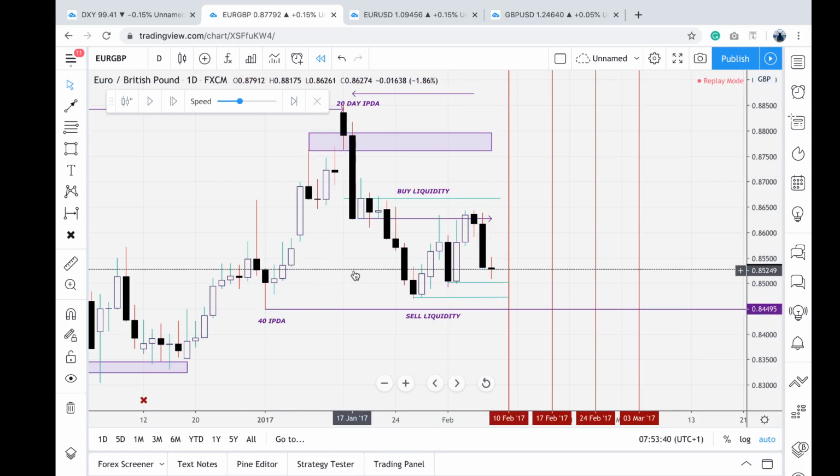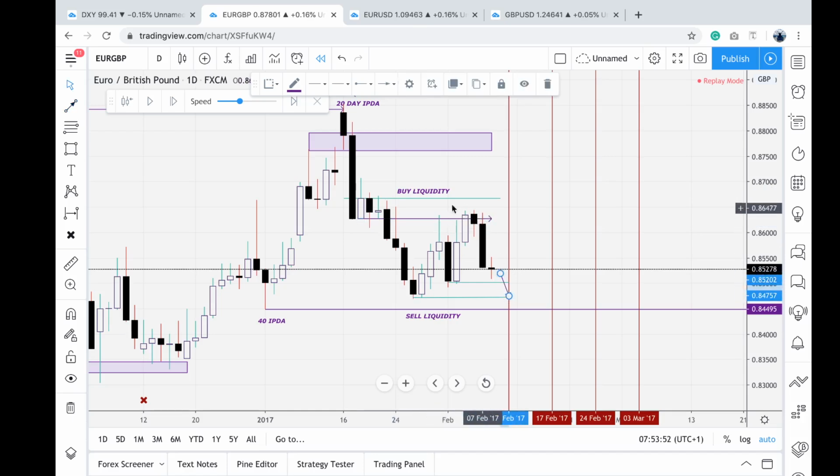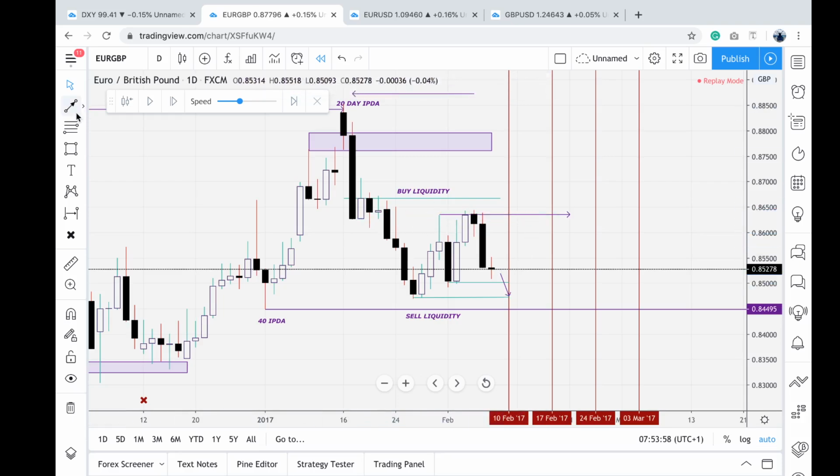What we could potentially do is trade through this level, find a turtle soup, and then trade higher into this very clean level, because I feel there's going to be massive buy liquidity resting off this level. So we could potentially trade down into this level and see a very bullish move higher if we turtle soup that level.